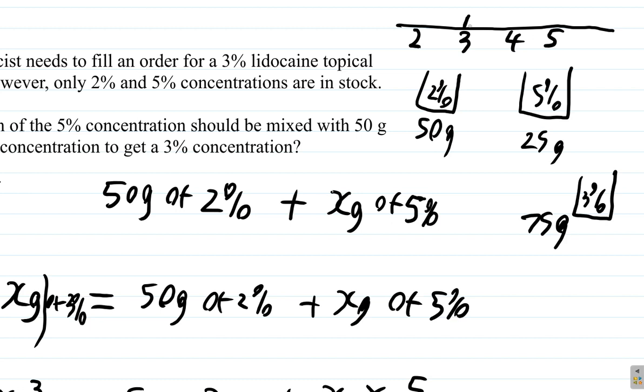Now, that means you're not going to mix as much of the 5% with the 2%. Only 25 grams you need. Let me say that again. You won't need any large amount of 5% to mix with the 2%. Alright? You only need 25 grams.